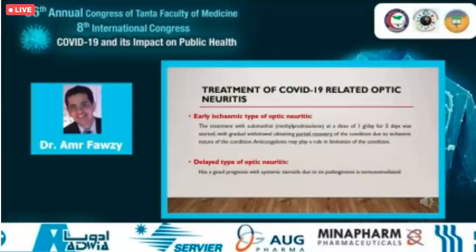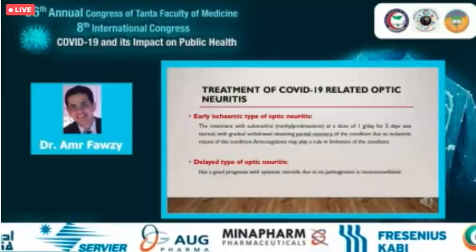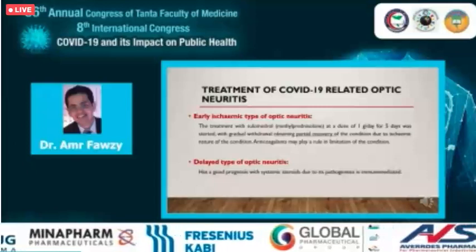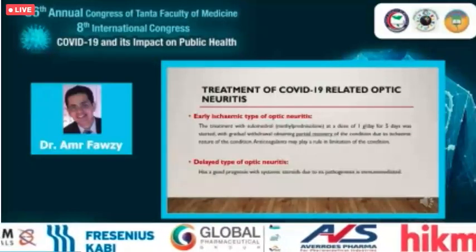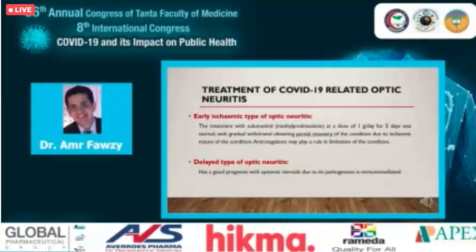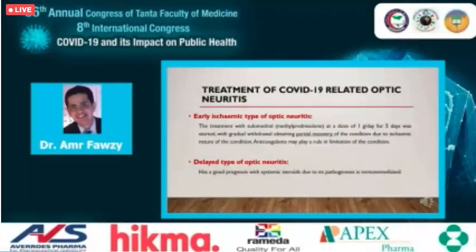Anticoagulants may play a role in limiting the condition. But the delayed type of optic neuritis, which is the immune mediated type, has a good prognosis with systemic steroids due to its pathogenesis.